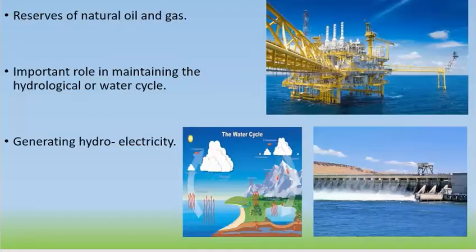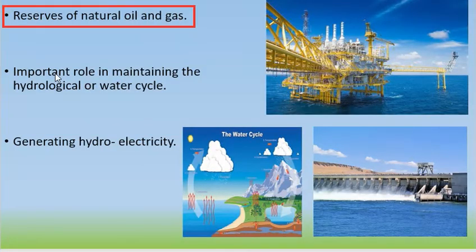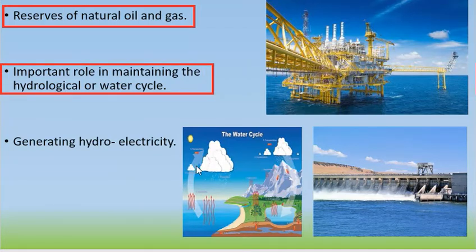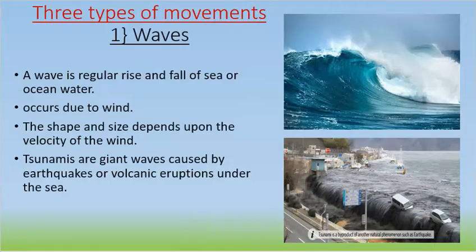These are also reserves of natural oil and gas. They play an important role in maintaining the hydrological or water cycle. Next, generating hydroelectricity. By these pictures, you are able to recognize that these are all the significance of water.